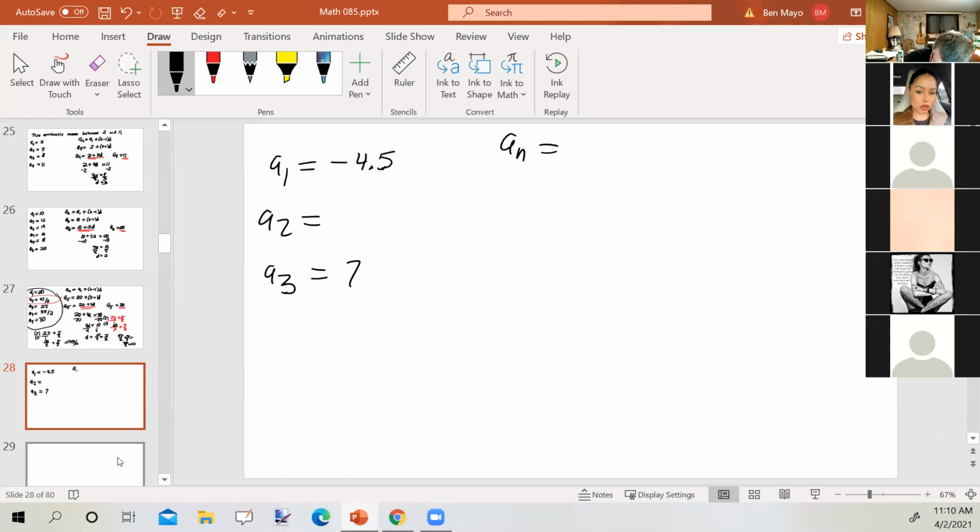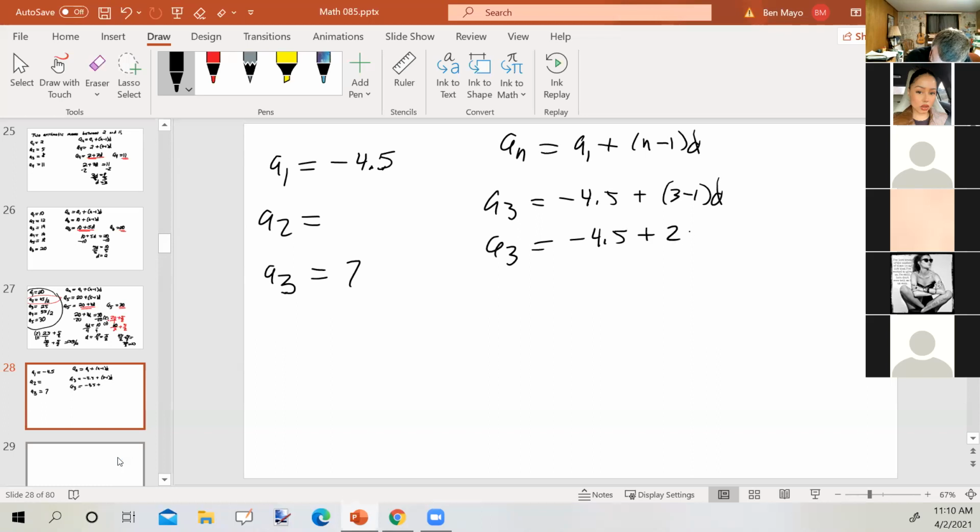Again, we're going to use a sub n equals a sub 1 plus the quantity n minus 1 times d. A sub 3 equals a sub 1 plus 3 minus 1 times d. a sub 3 equals negative 4.5 plus 2d, but a sub 3 also equals 7. So negative 4.5 plus 2d equals 7.